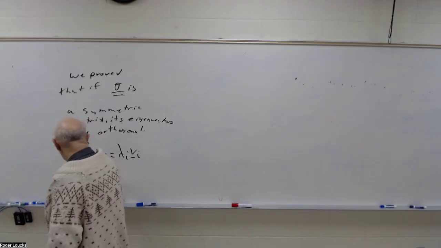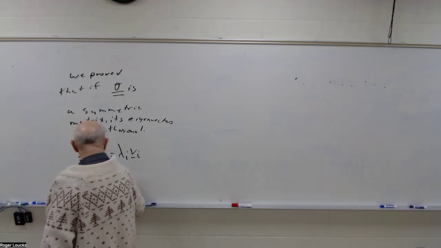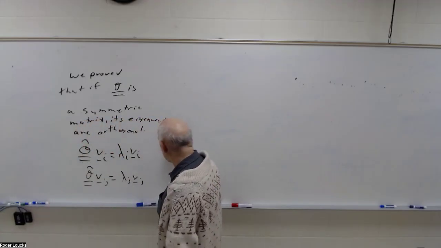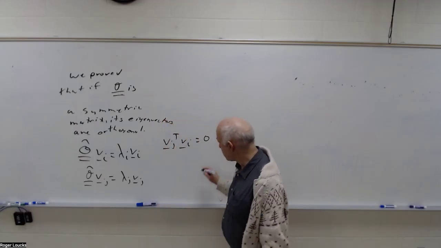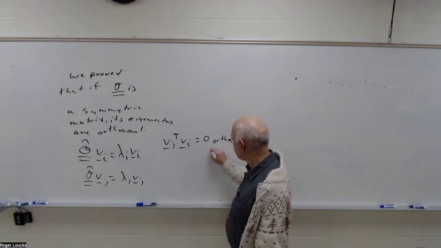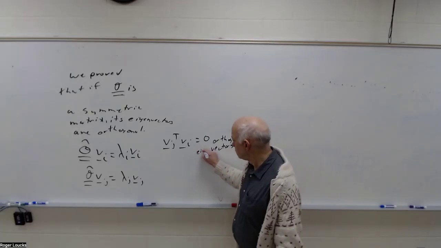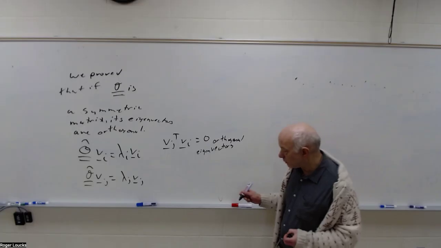Then we had another one that was sustained. We proved that you have this combination here. So this is orthogonality. Orthogonal eigenvectors, where i is different than j, where i is not equal to j.